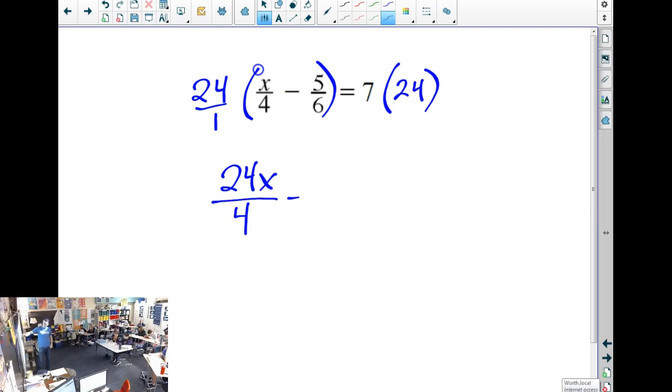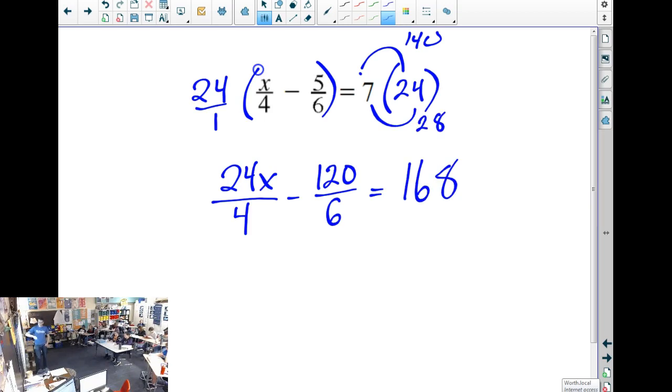Break that up, becomes 120. Break this up, 140, 28, 160. Even if you had it yesterday, it would benefit you to write it down again.